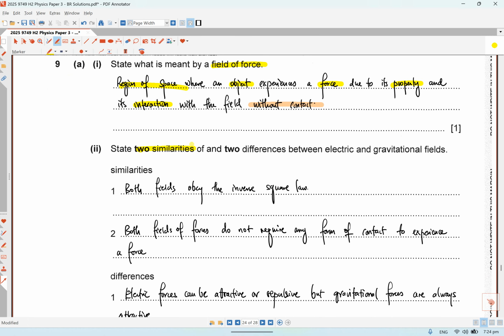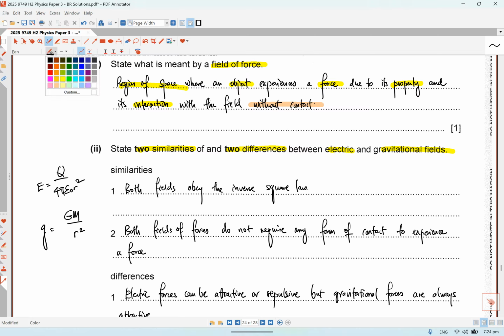Part 2 is the two similarities and two differences between E field and G field. Now, you know this equation, electric field is Q over 4 pi epsilon naught r square. You know that G field is Gm over r square. Both of them follow the inverse square law, 1 over r square. So that's the similarity.